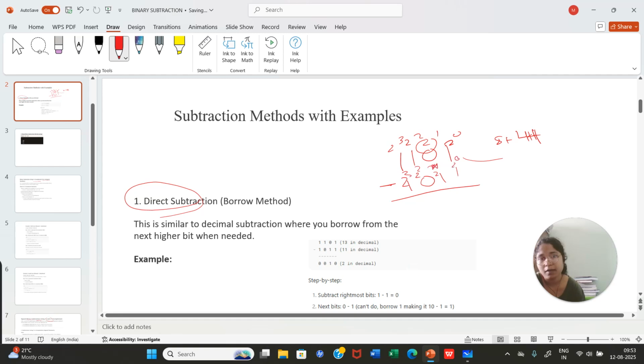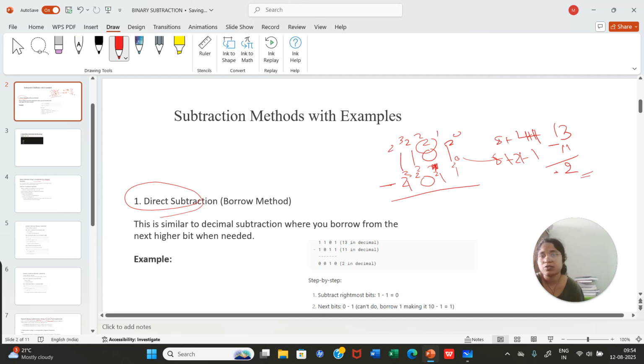Here also 8 plus, this 0 term leave it, 2 power 1 is 2 plus, this is 1. So 8 plus 4 plus 1 is 13 here. Next 8 plus 2 plus 1 is 11. Okay, 13 minus 11. What is the answer we are getting? 2. Plus 2 we need to get here.